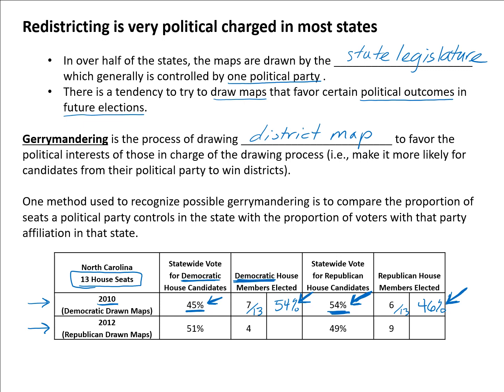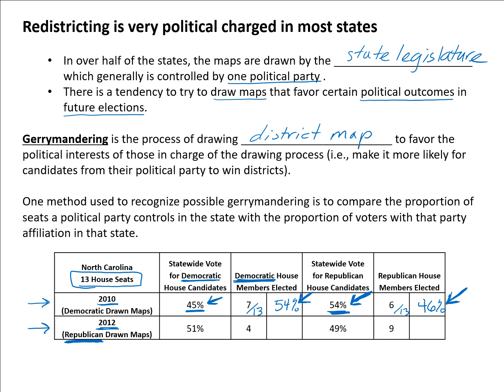But let's take a look 2 years later. In the intervening 2 years, we had a census and the Republicans were in charge of the state legislature, and they redrew the maps in 2011. So when the election was held in 2012, we were using districts that had been drawn by the Republicans in the state legislature.